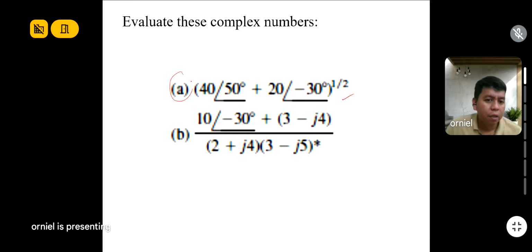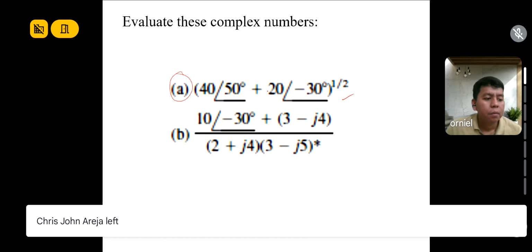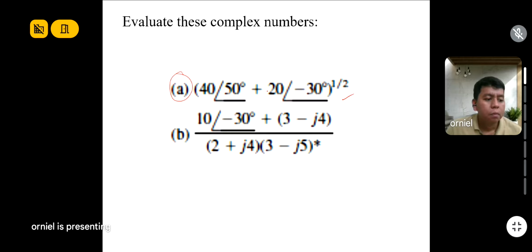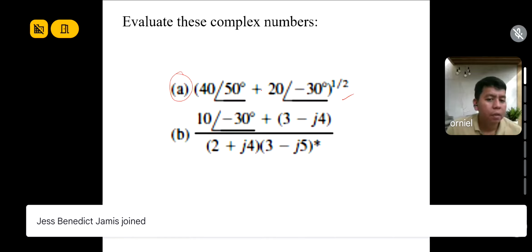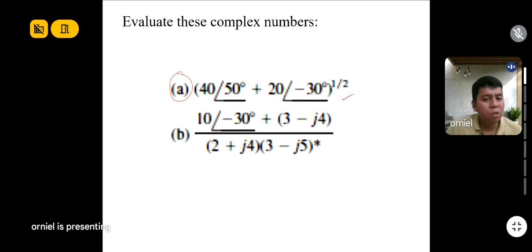Can you calculate 40 angle 50 plus 20 angle negative 30? Can you add it using your calculator? Anybody who wants to try?